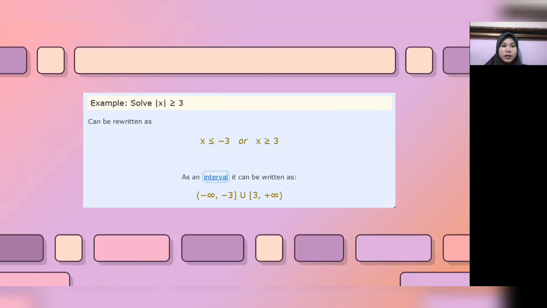It can be rewritten as x less than or equal to negative 3 or x greater than or equal to 3. As an interval, it can be written as negative infinity to negative 3, union 3 to infinity.